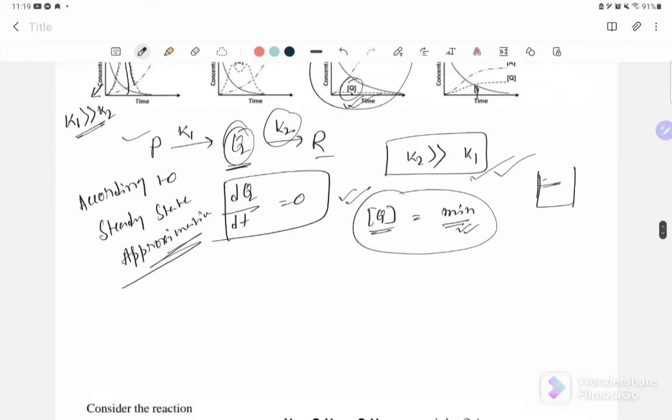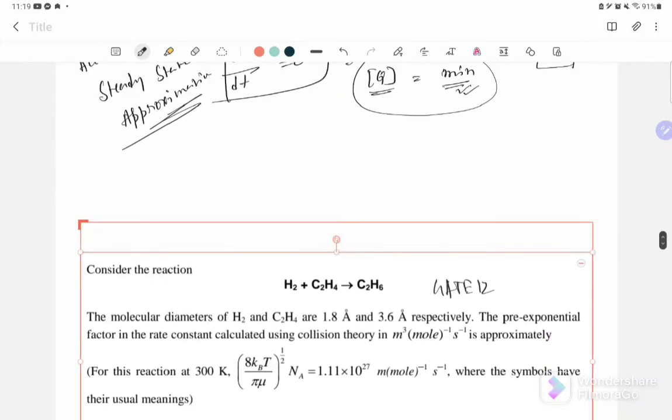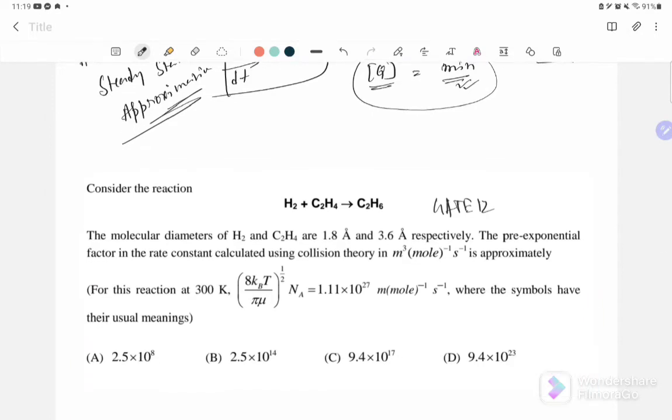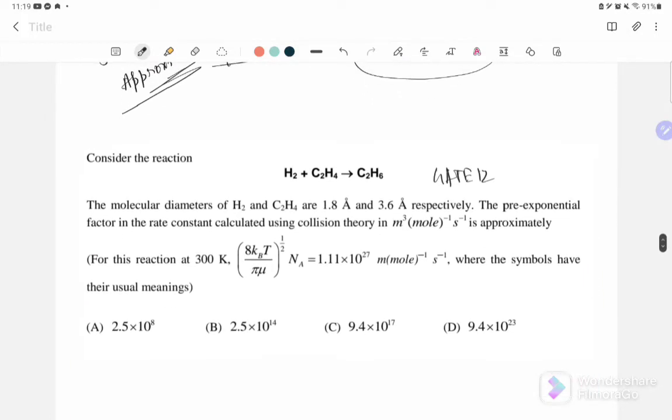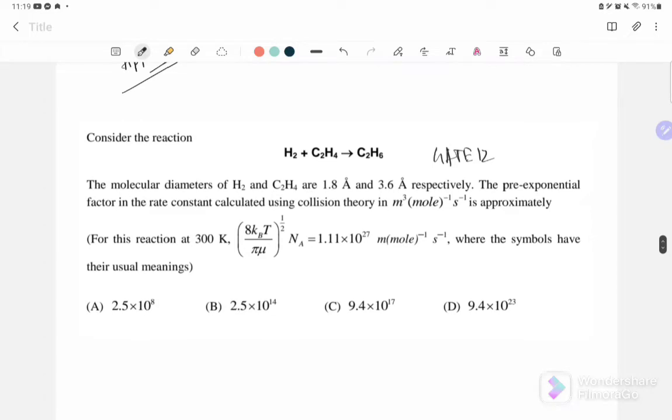Okay, so our next question is from GATE 2012. There is only one question from GATE 2012. Consider the reaction of hydrogen plus ethene, CH2=CH2, to give ethane, CH3-CH3.